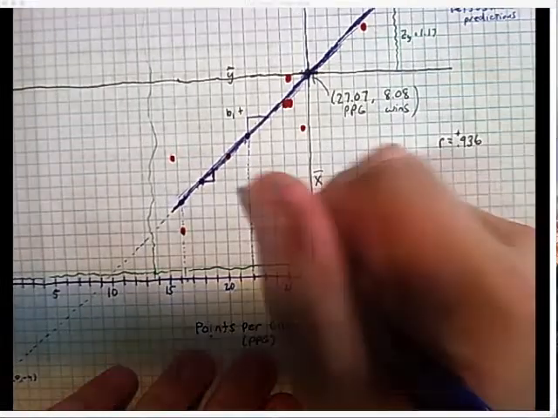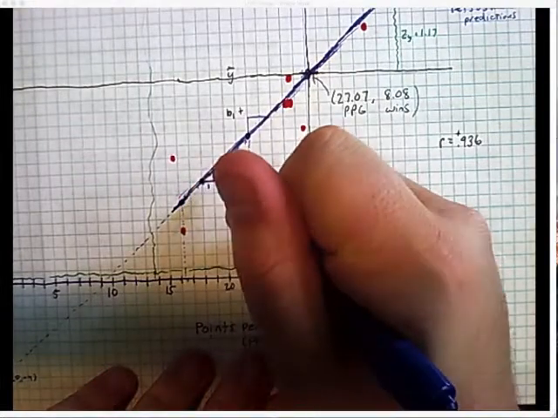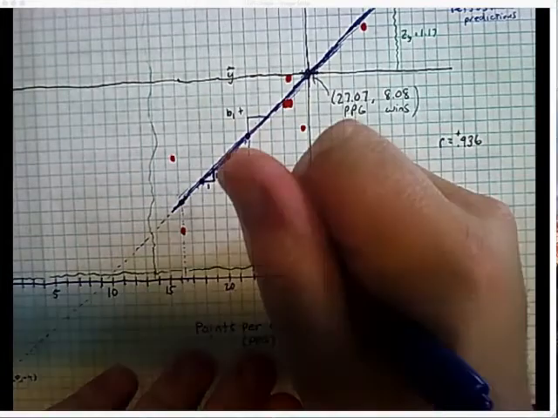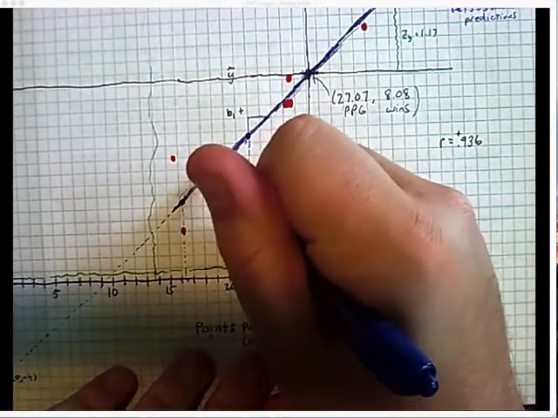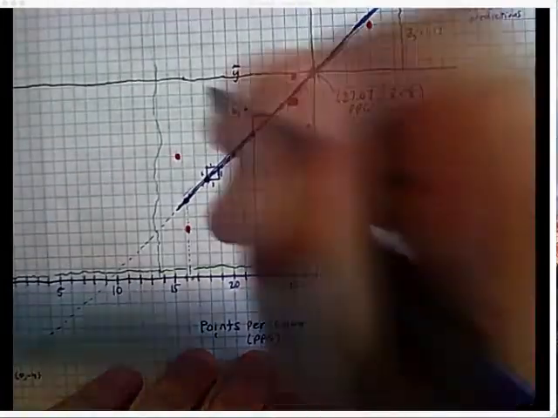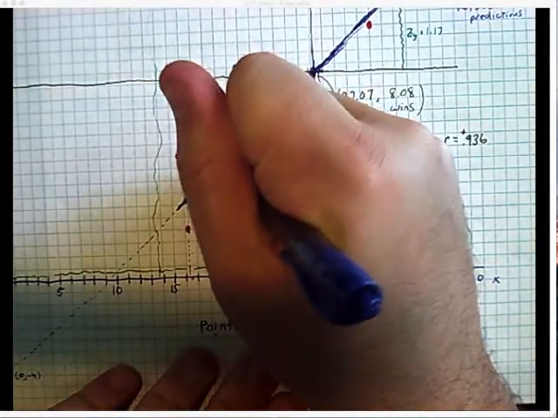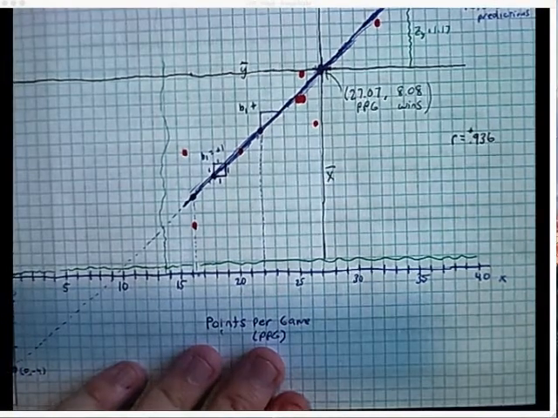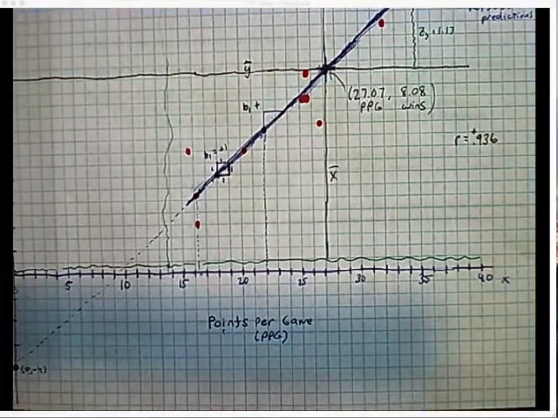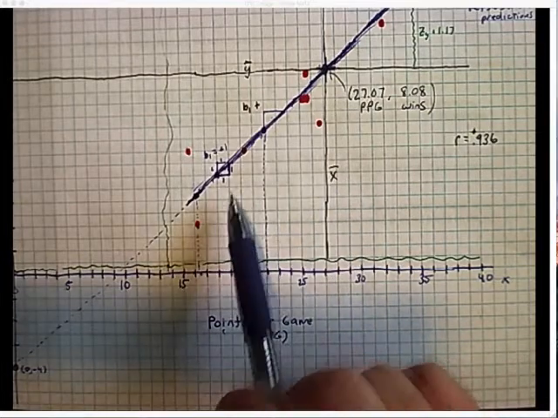Well, to me, it looks like if I go over 1, I'm going up 1. Or if I rose 1, I'd have to run 1. So to me, it looks like the slope is about 1, because 1 divided by 1 is 1. All right. So let's think about what that's saying.